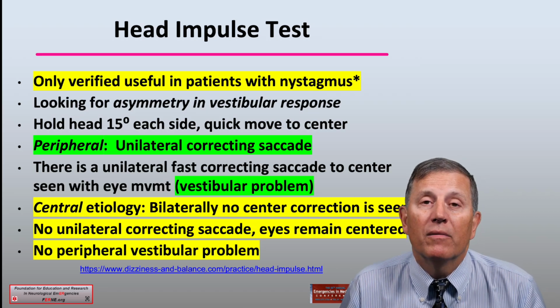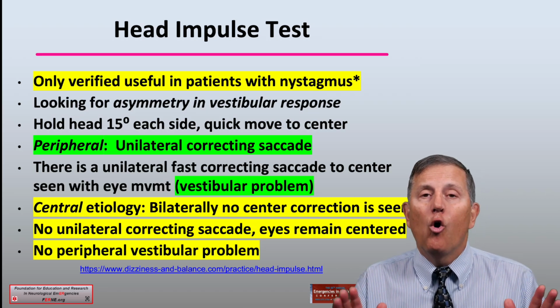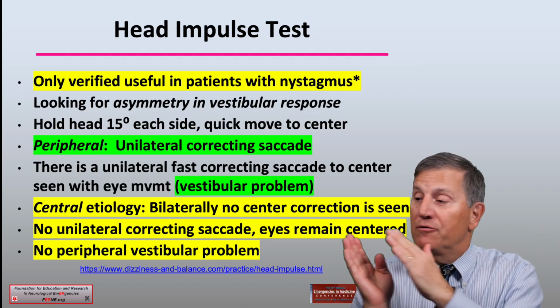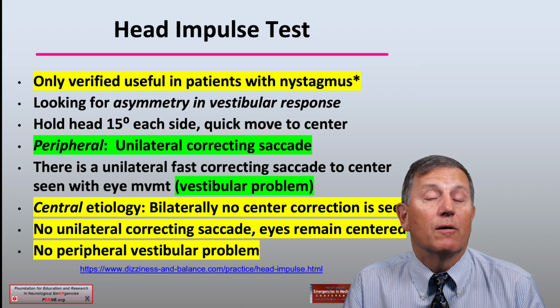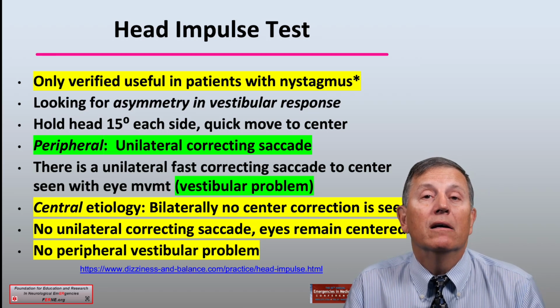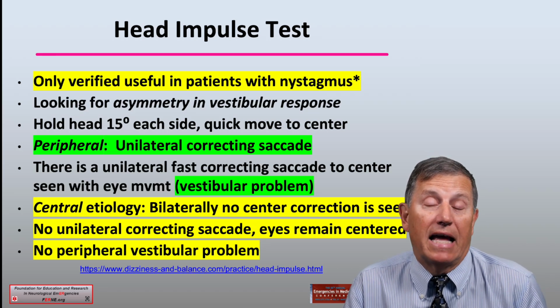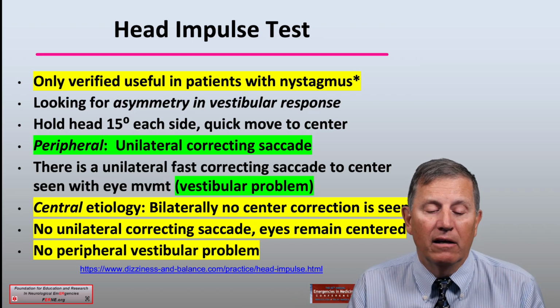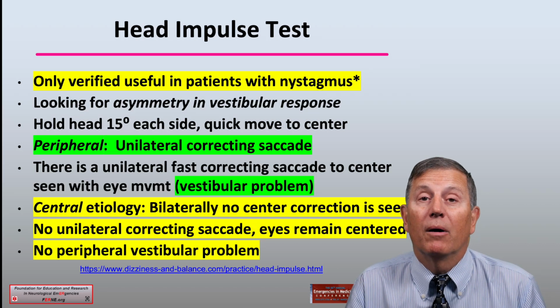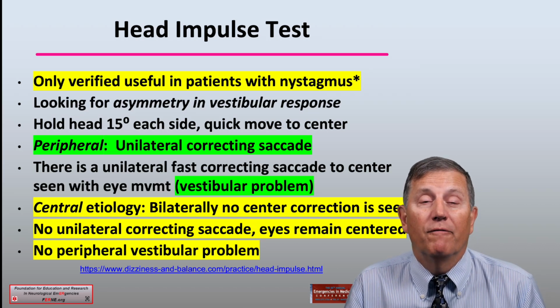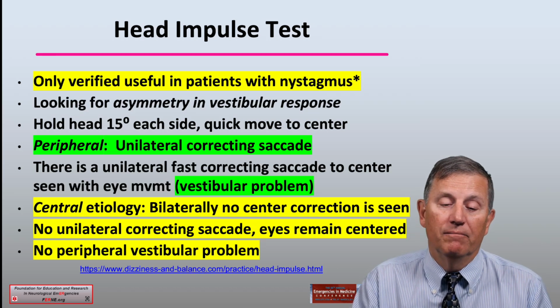If, however, there is no correcting saccade on either side, that means both vestibular systems are working correctly. If you don't see a correcting saccade on either side, then it's not likely that there's a peripheral vestibular problem, and therefore the vertigo could be central in etiology.